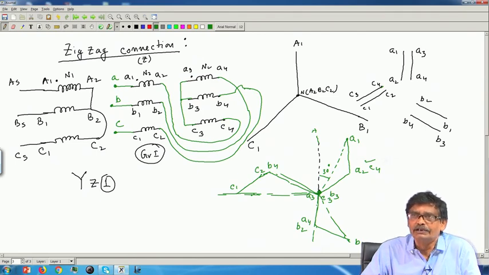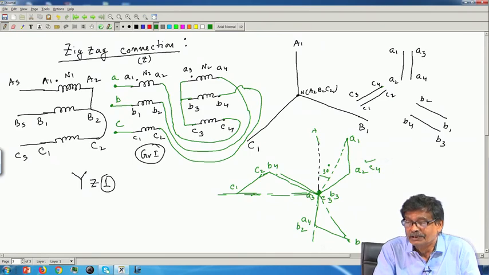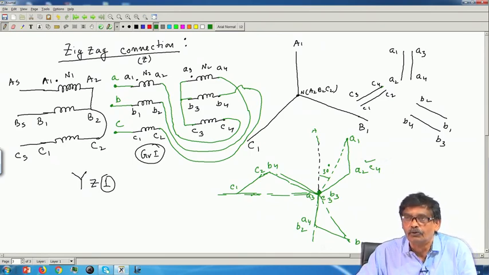Now, the big question is what for all these things, that is there, but suppose I say to you that okay, a transformer, each phase has got 2 secondaries, then it looks like okay, this way also one can get a balanced 3 phase output voltage.